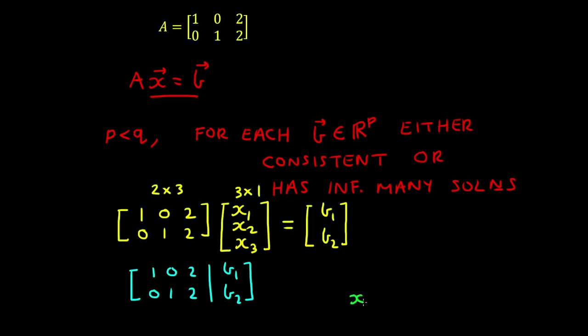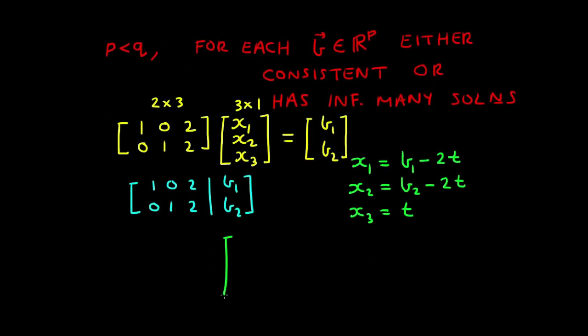So if we designate x3 as the free parameter, then our second equation is x2 is equal to b2 minus 2x3, which is t, and x1 is b1 minus 2x3.